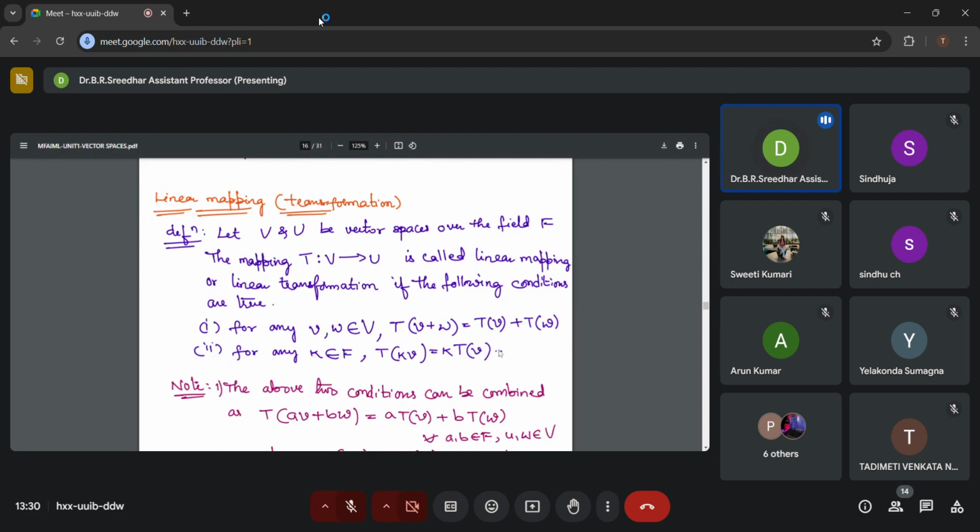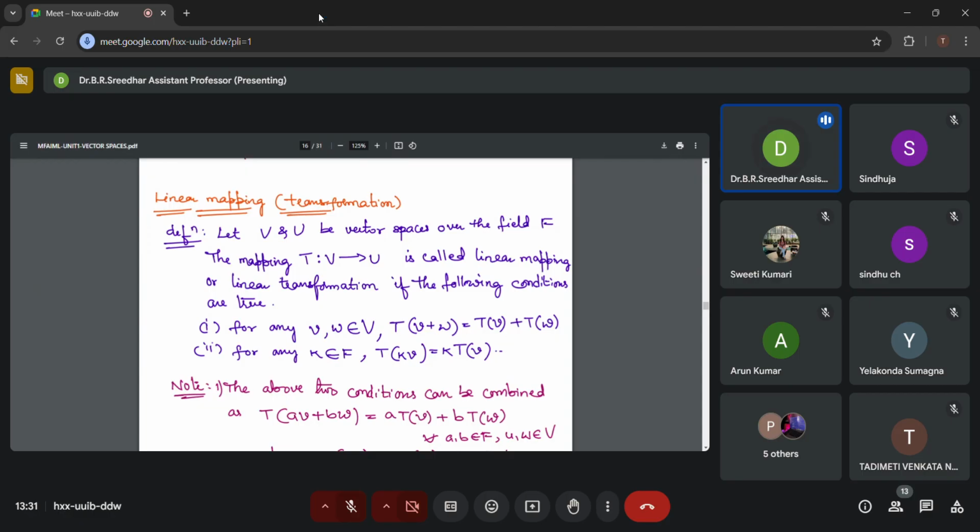This T of v doesn't mean just some function of v. It means that v in the vector space V is connected with some other image in U, the codomain, that is represented by T of v. w is some element or vector in V, and it is connected with T of w in U. Now, k is some scalar.